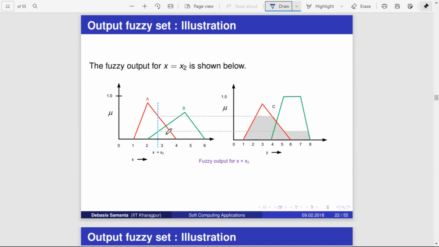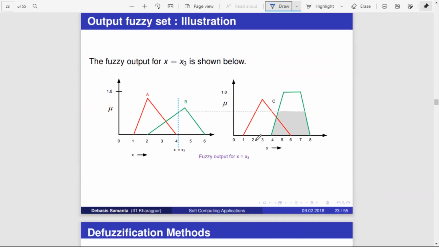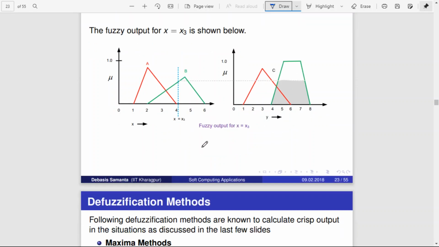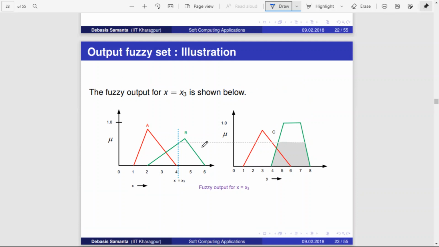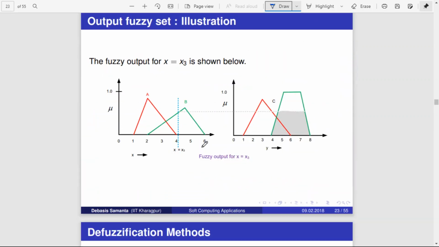If X is X2, then it will take values from this area. If X is X3, then it will take values from this region. So that's it about this alpha cut method.